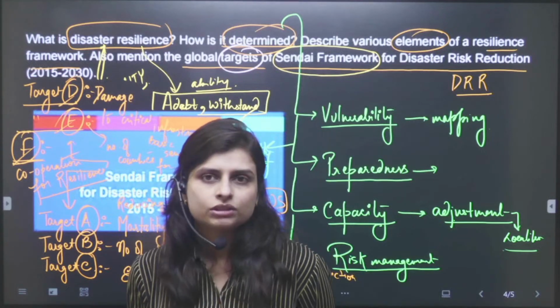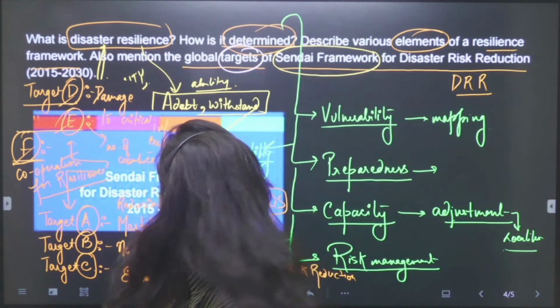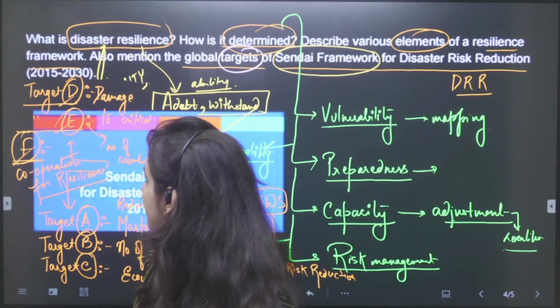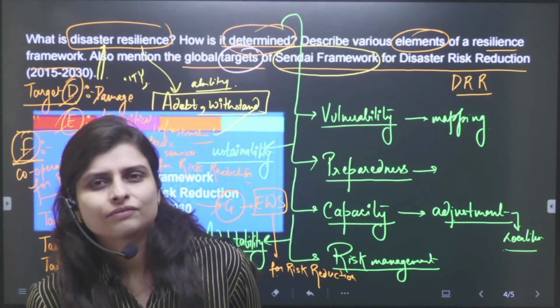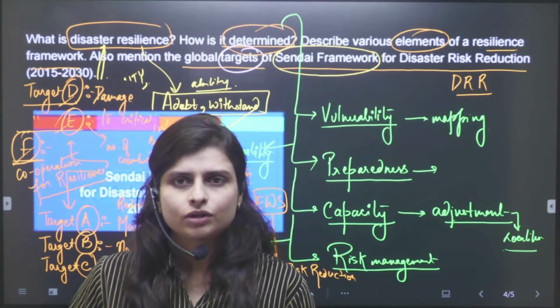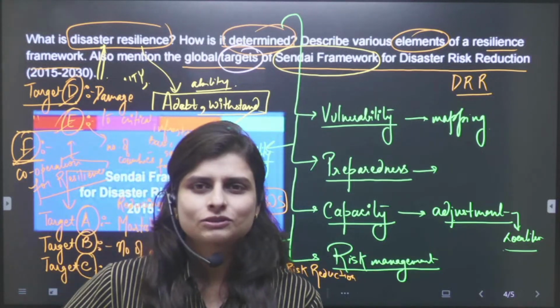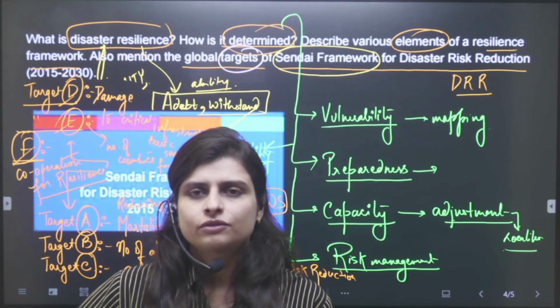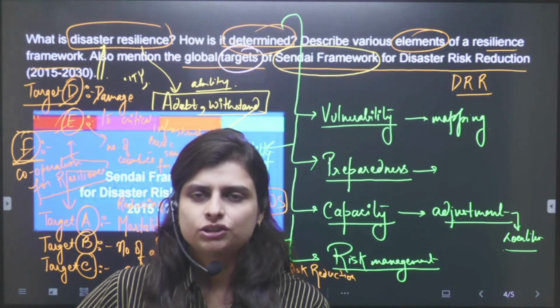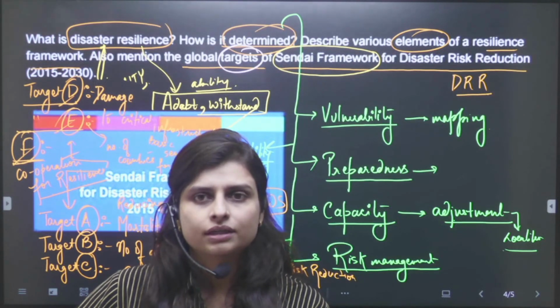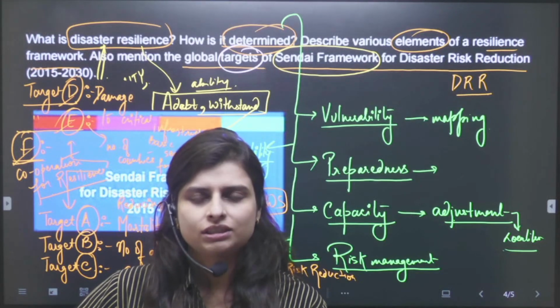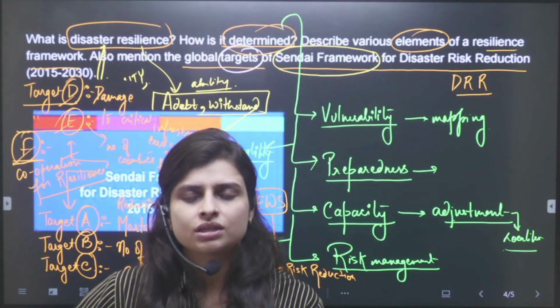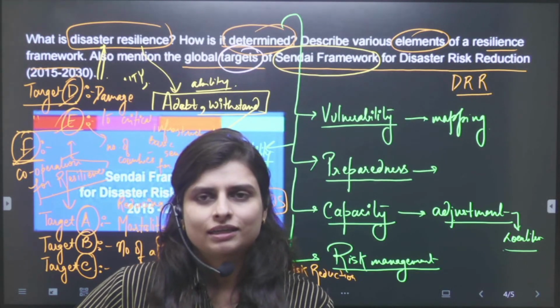We have discussed disaster resilience, the elements of the resilience framework, and what the Sendai Framework is talking about. There were two questions from disaster management, and both were very much related to your current section. If you have been preparing your current affairs well, there was nothing that needed to be done from the static portion. Everything could have been covered from current affairs itself.